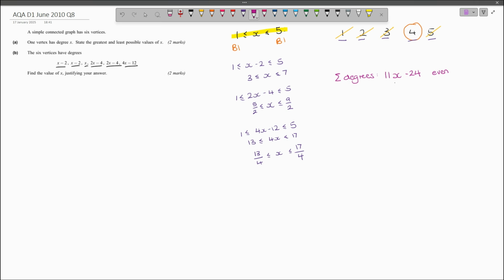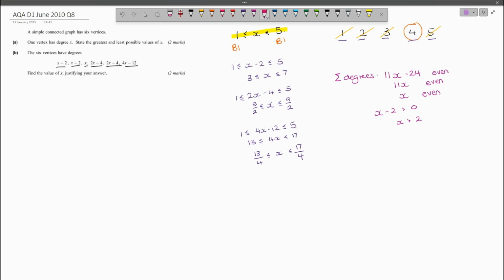So if we add 24, we know that 11x is also even, which means that x must be even. So if x is even, x subtract 2, which is one of our degrees, has to be greater than 0, so x has to be greater than 2. So if x is greater than 2, but x is less than or equal to 5, and x is even, that only results in x is equal to 4.